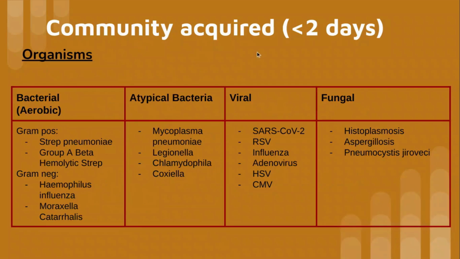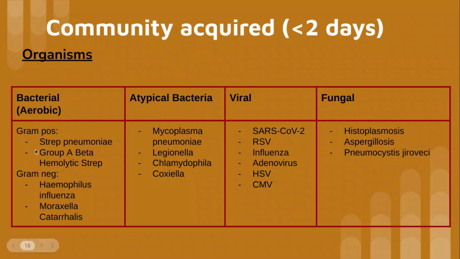Now, still under community acquired, you can classify it according to the organisms that cause the pneumonia. Remember, pneumonia is an infection, so it's either caused by a bacteria, a virus, or a fungus. For bacterial, you can have aerobic bacteria. That means that they thrive in an oxygen-rich environment, and it makes sense because your lung is filled up with oxygen.